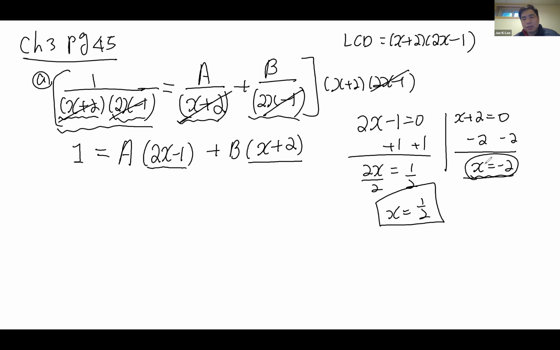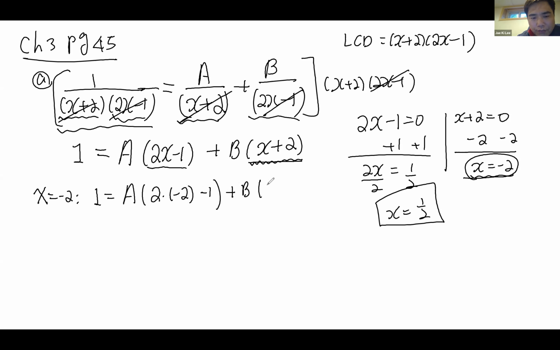So now I'm just going to input x equals negative 2. Here x equals negative 2, then this will be 0. I'm going to show you. So 1 equals A times (2 times negative 2 minus 1) plus B times (negative 2 plus 2). As you see, this becomes 0.